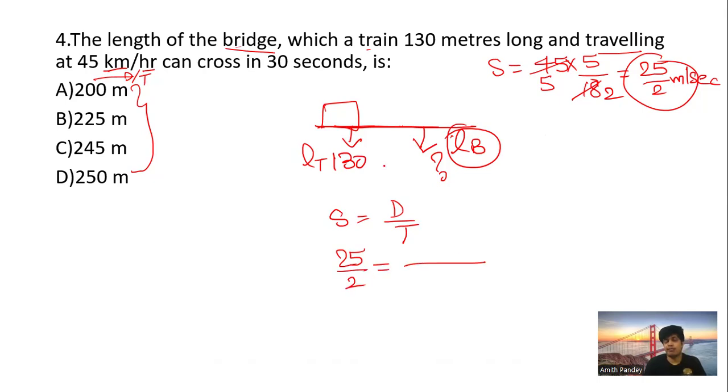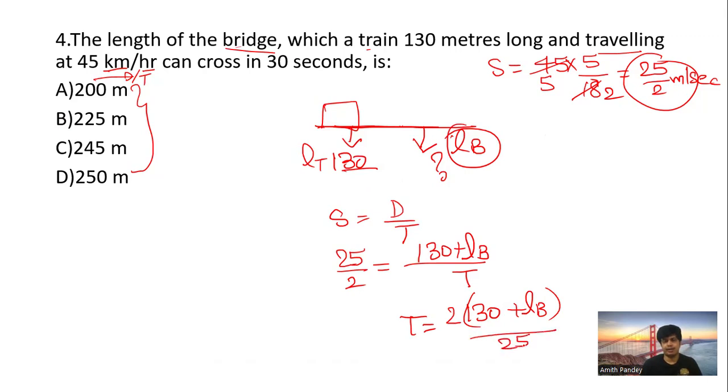In case of a platform, if it has to cross the platform or bridge or anything other than a pole or the person, we need to consider both the lengths. So it is 130 plus what I need to find, LB, by T. So T equals 130 plus LB into 2 by 25.